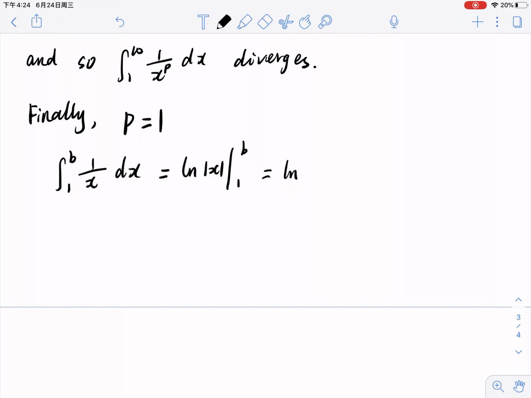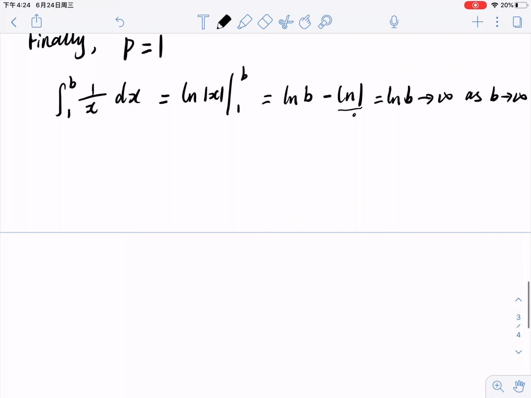The absolute value of b is still b. So ln b minus ln 1. Ln 1 is 0. So this is ln b. As b goes to infinity, ln b goes to infinity. Thus, the integral of 1 over x from 1 to infinity diverges.